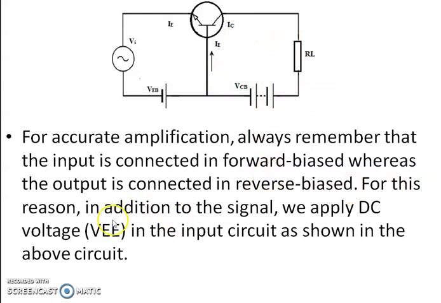For this reason, in addition to the signal, we apply DC voltage in the input circuit as shown in the above circuit. So in addition to the input signal, we are applying DC voltage also.